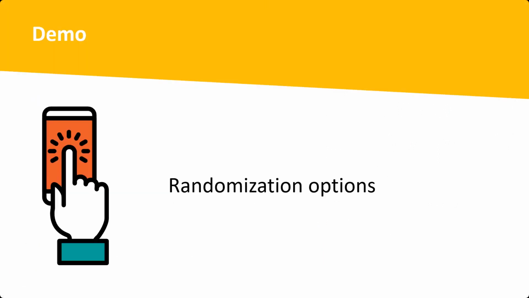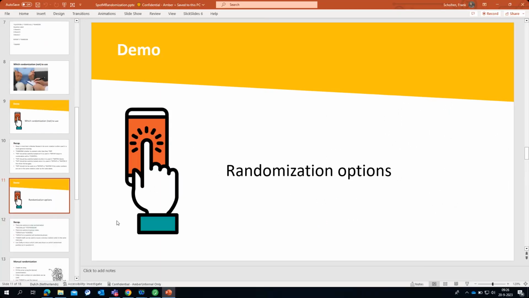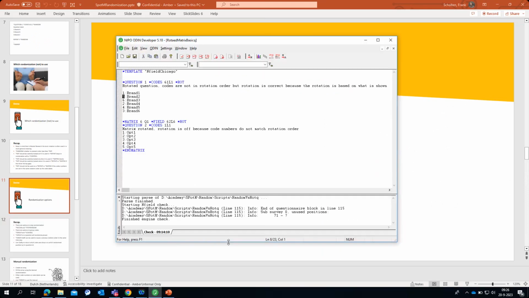Randomization options. We'll immediately go in the demo to show you the options. You will hopefully know most of these options, but just simply want to go through them to point out some of the consequences of these options. So let's go to the manager again.